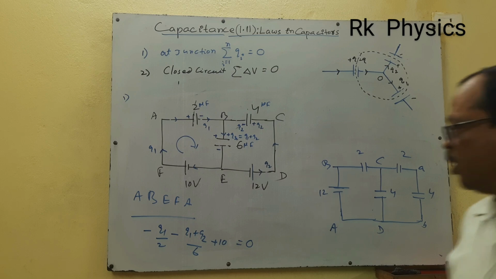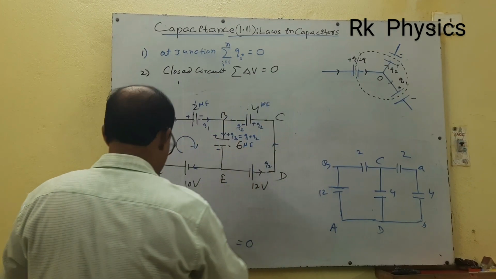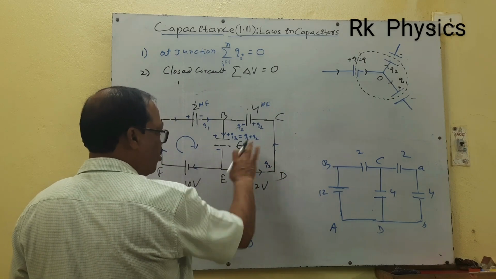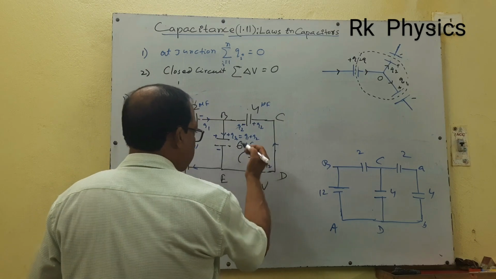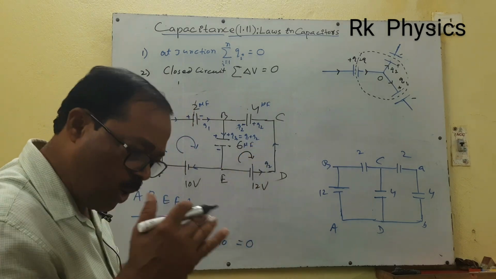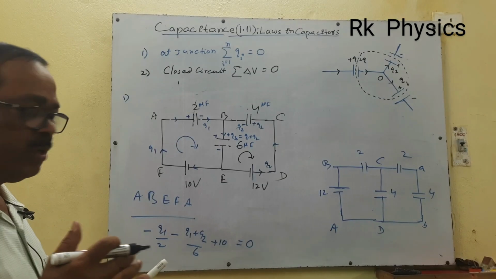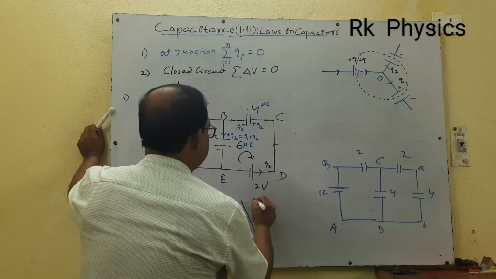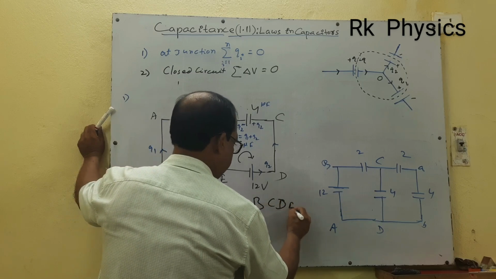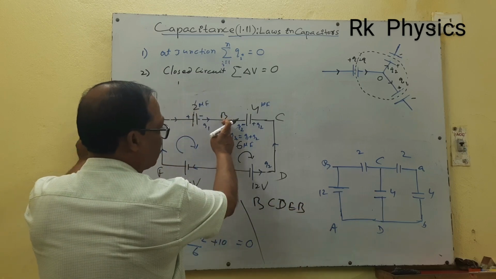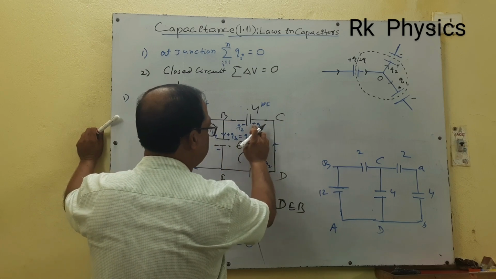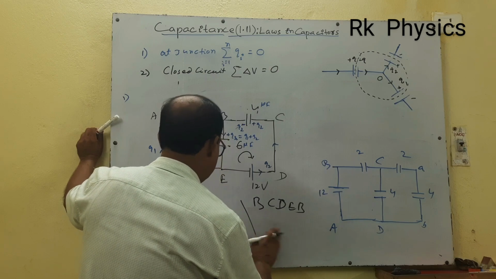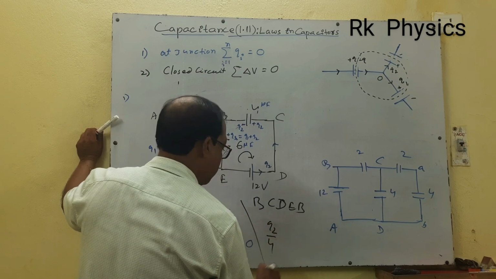Now if you take this loop, either clockwise or anti-clockwise, whatever it may be, it will be easy if you take one direction. So you start from the loop B, C, D, E, B. B starts, then this is minus to plus, so this is positive, Q2 divided by 4 microfarad.